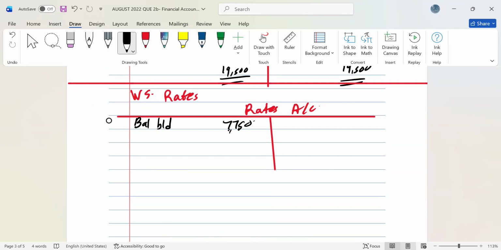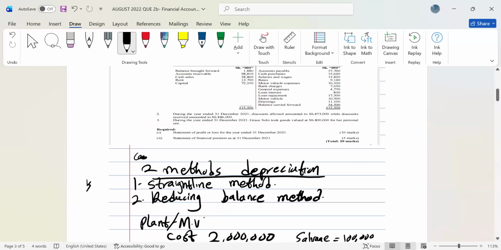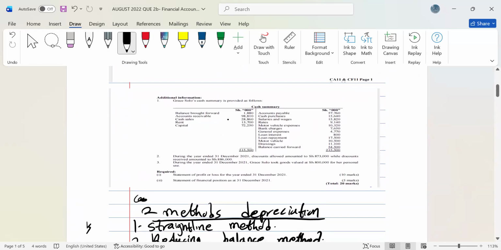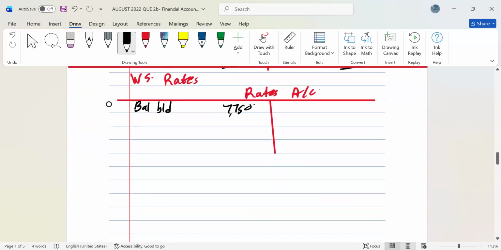Then in the cash book, did they pay any rates? Yes. On the credit side, as you can see, we have item number 4, 91.40. That is an expense being paid. So we debit it here. We say maybe it was paid by bank.